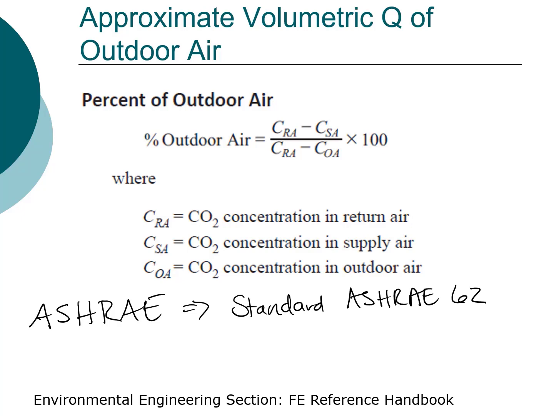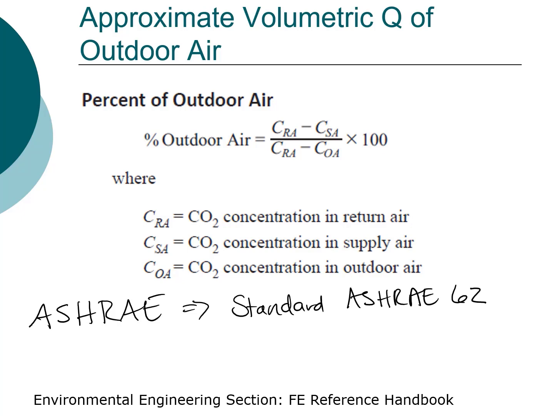This provides recommendations for the minimum amount of air that is needed per person in defined spaces. So one way that we can calculate the amount of air that we need is with this equation here.